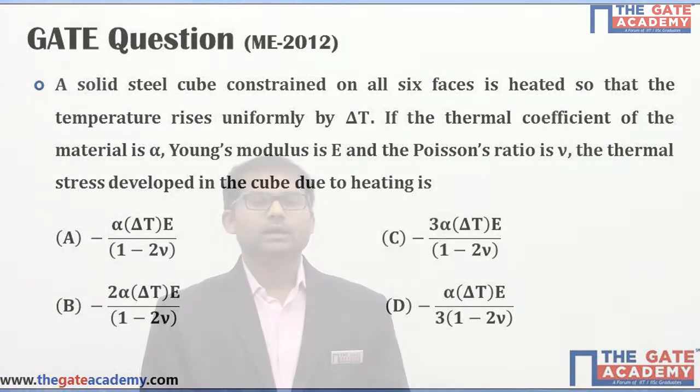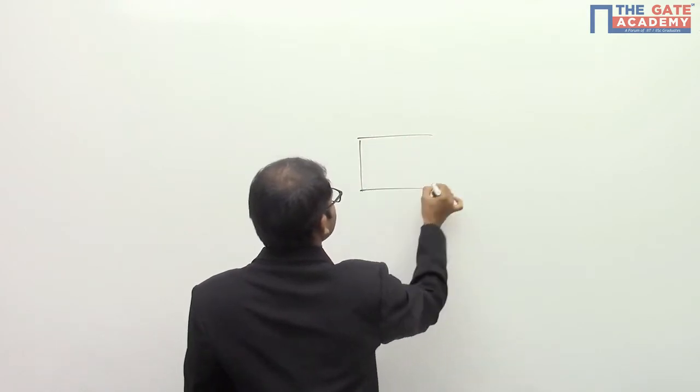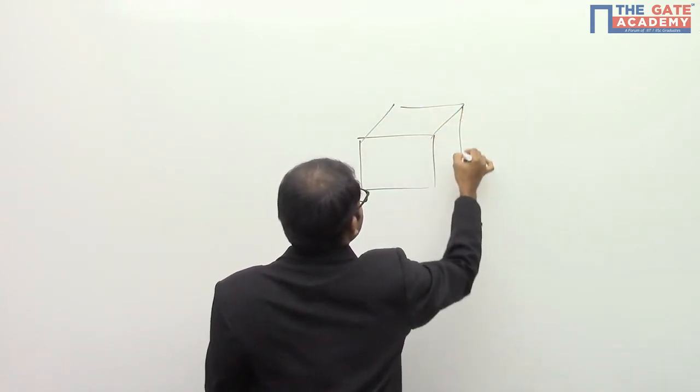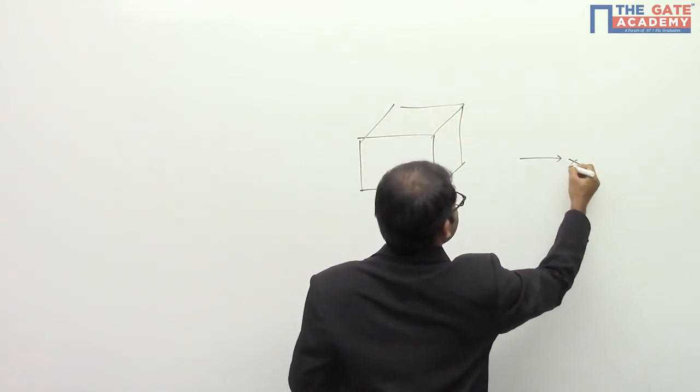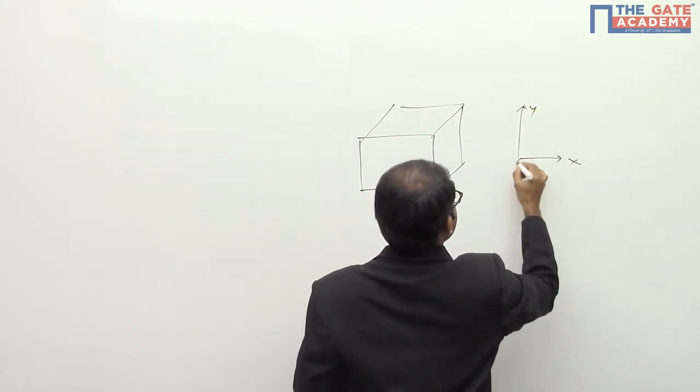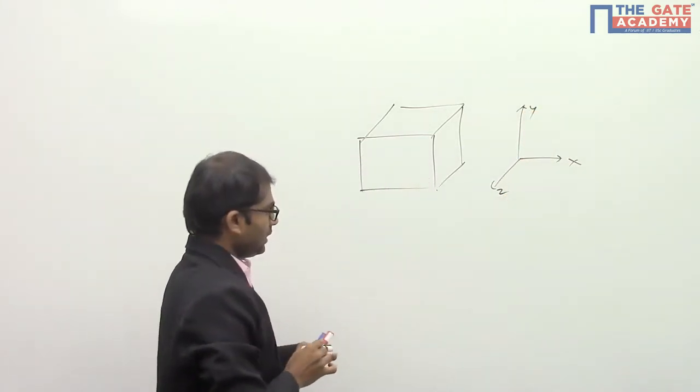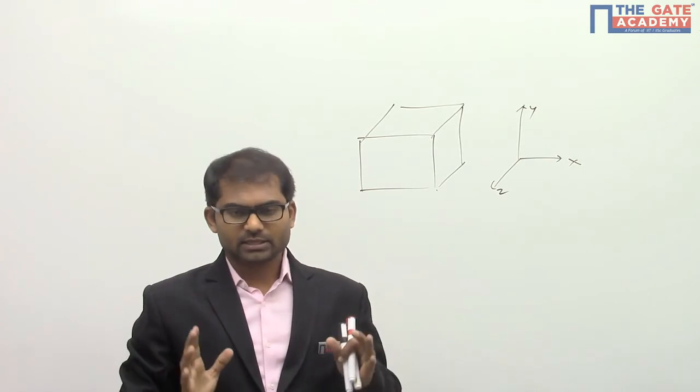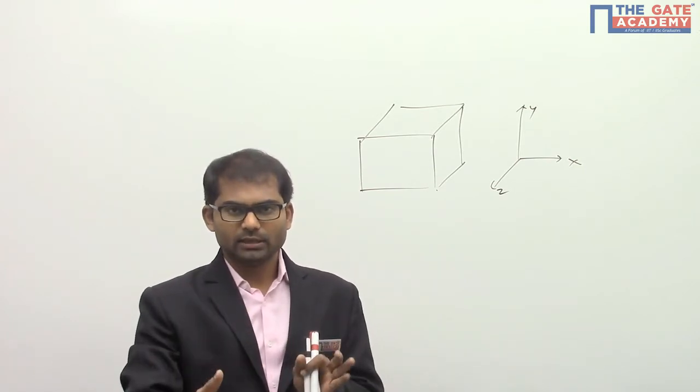Now let's understand the question. A steel cube is given. Take a coordinate system with x-axis, y-axis and z-axis. It is restricted in every direction, restricted in x, restricted in y, restricted in z.